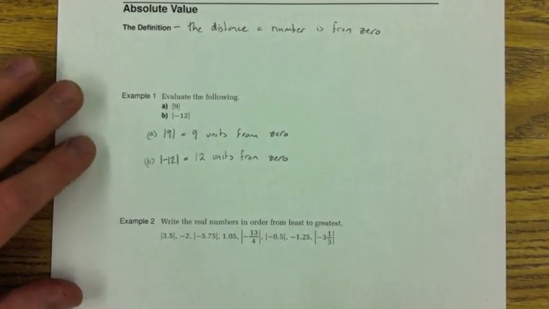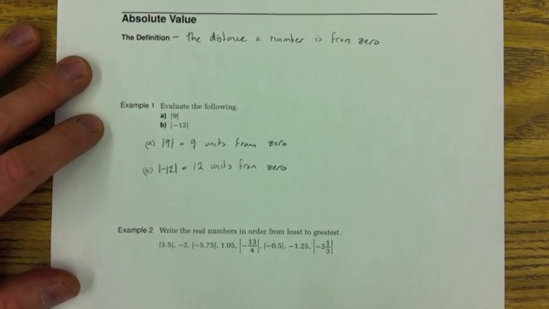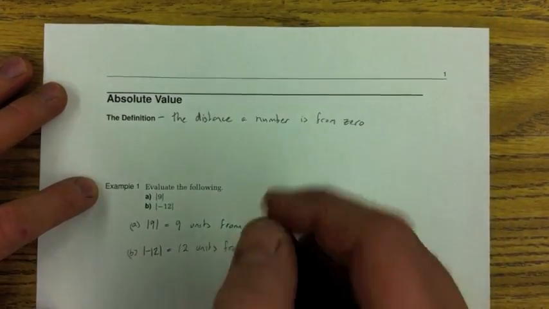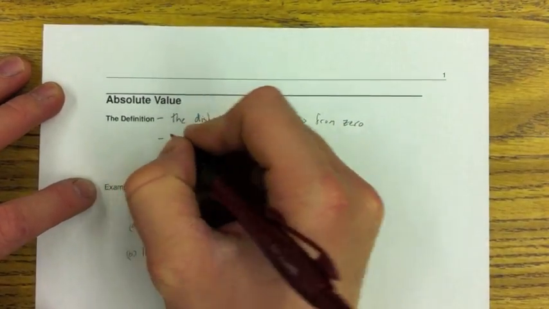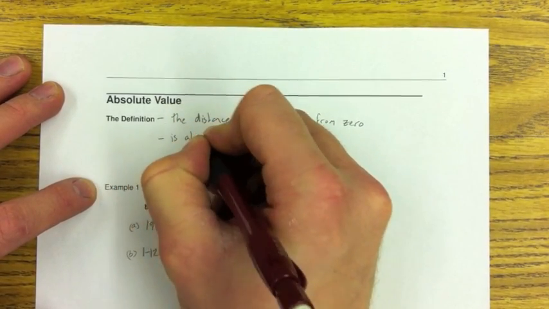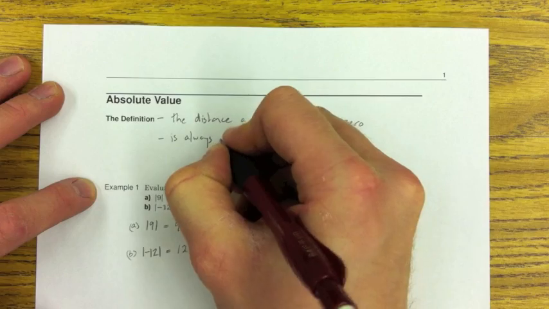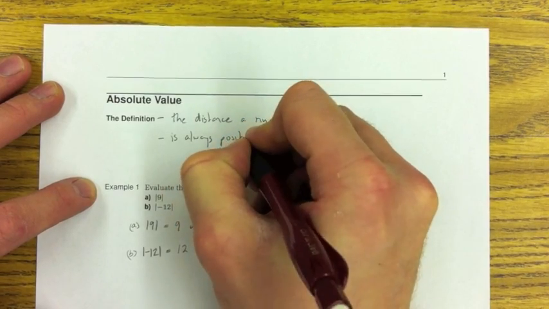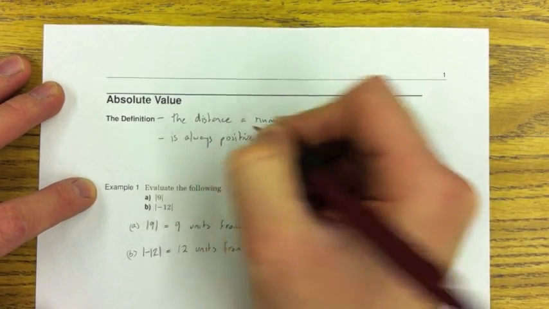This gives you a very important property of absolute value, and that is that the absolute value of a number is always positive.